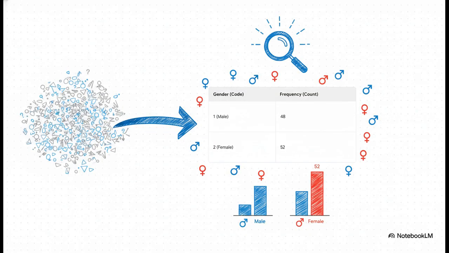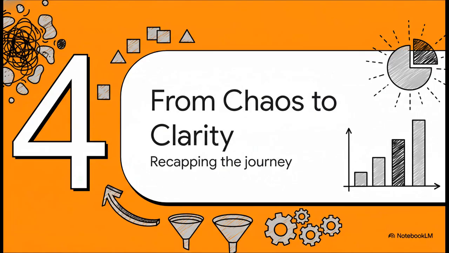And this is the beautiful result. Instead of thousands of individual numbers, we have a simple table that gives us instant insight. We can see, in like half a second, that our dataset contains 48 males and 52 females. All that chaos has become crystal clear. So let's just step back for a second and recap the incredible journey our data has been on.